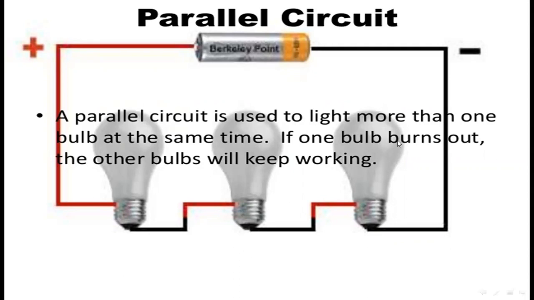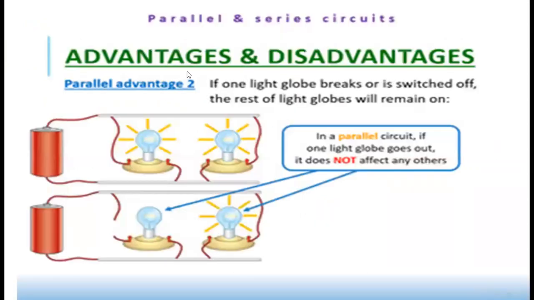If one bulb burns out, the other bulbs will keep working. They will not stop working. Advantages and disadvantages. Parallel advantages. If one light globe breaks or is switched off, the rest of the light globes will remain on.